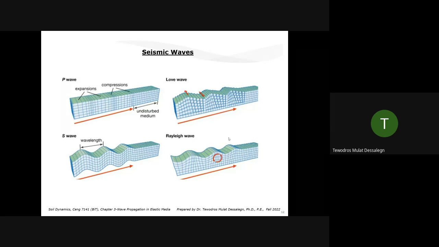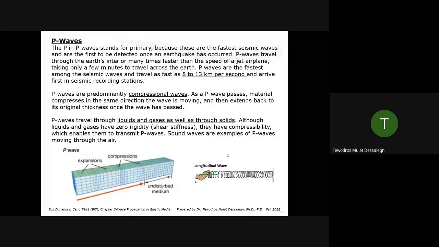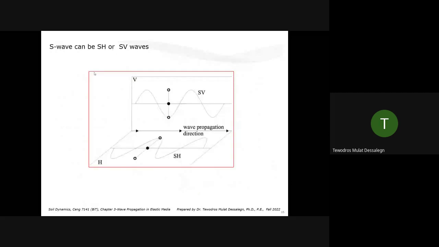And surface waves, when we say surface, we are on the ground surface. So you can have the Love wave, with laterally, sideways movement of the ground surface. The Rayleigh wave is like a water wave where, if you take a section, the particles inside look like they are moving in a rotating axis, and the ground surface is undulating up and down. So we discussed all these parameters. And shear waves can be SV or SH, depending on the plane of propagation.